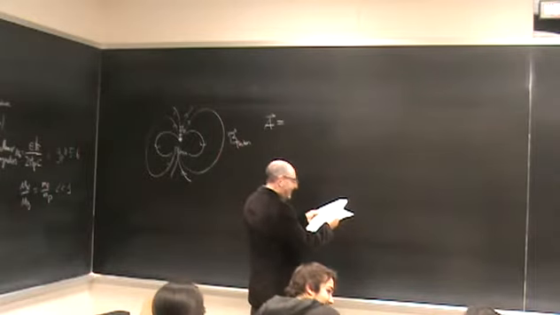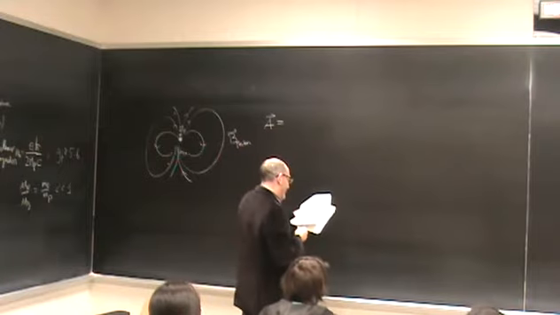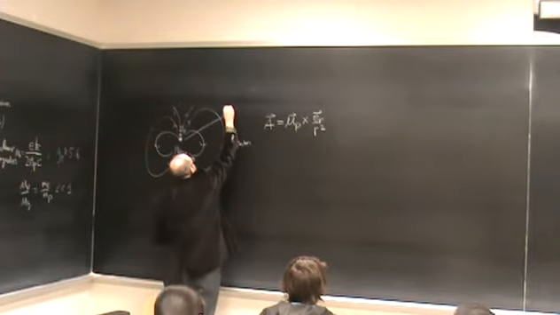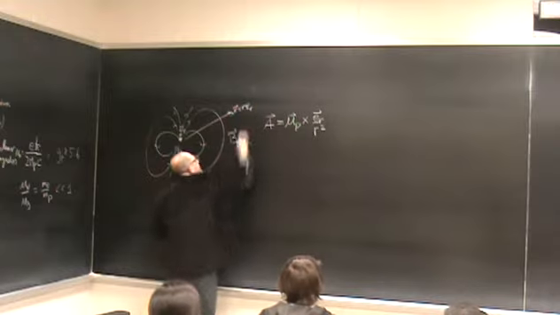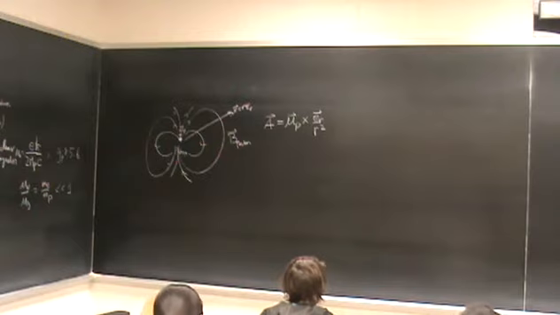I always get the order of the cross products, but let's see, this is right. Okay, so this is the dipole moment of the proton crossed into e sub r, where we have some vector along the radial direction, right? So that's the vector potential.